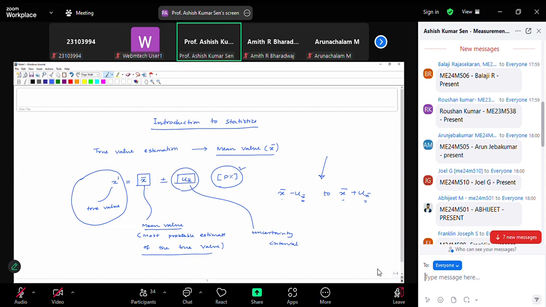The data is scattered because of the random uncertainty. We talked about random error, and if you quantify that random error, it appears in the form of random uncertainty.